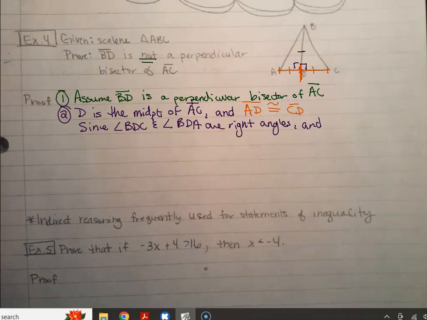Ooh, we could say BD is congruent to BD, right? That's the reflexive property. So segment BD is congruent to segment BD.